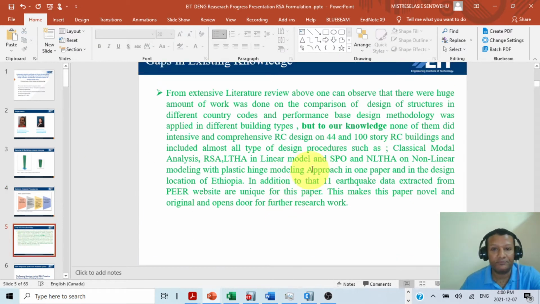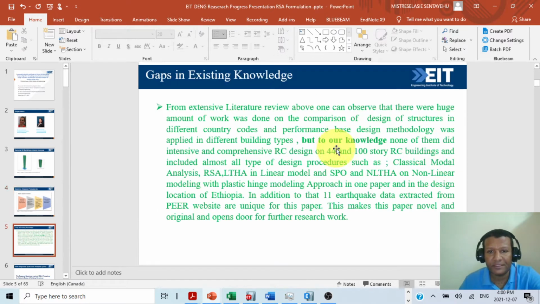this work is a novel gap in the literature review. In the last video I tried to show you that there is a gap from the extensive literature review above.